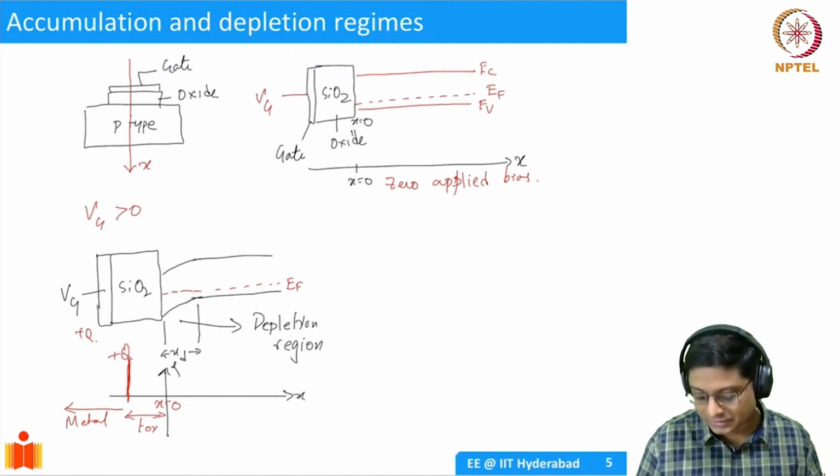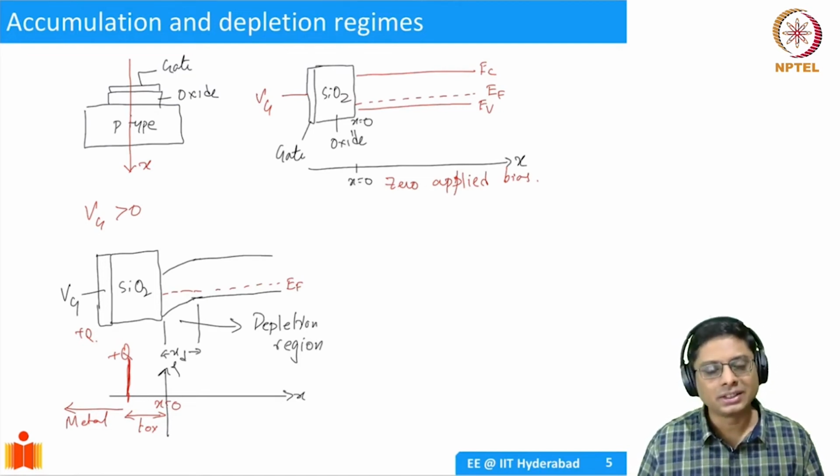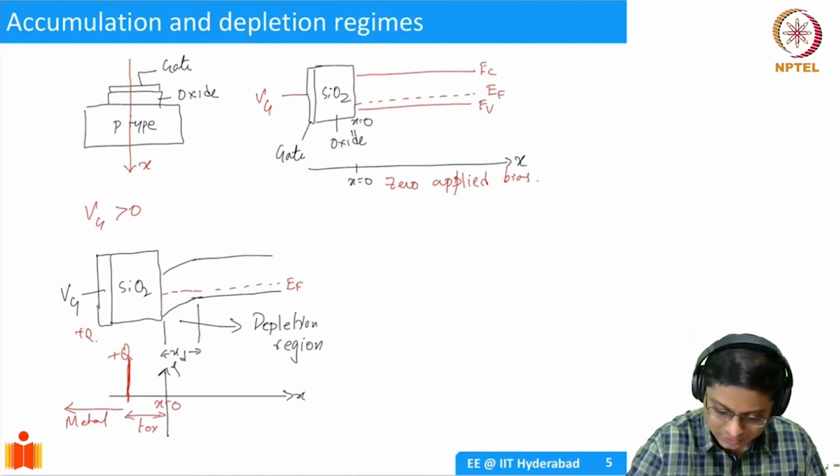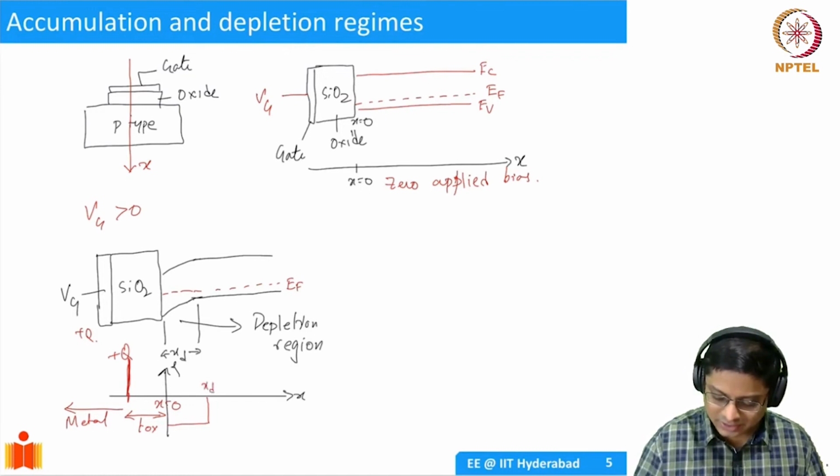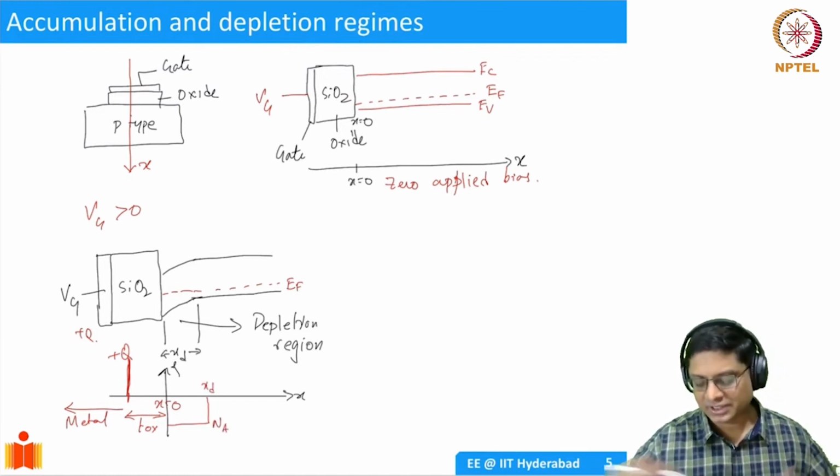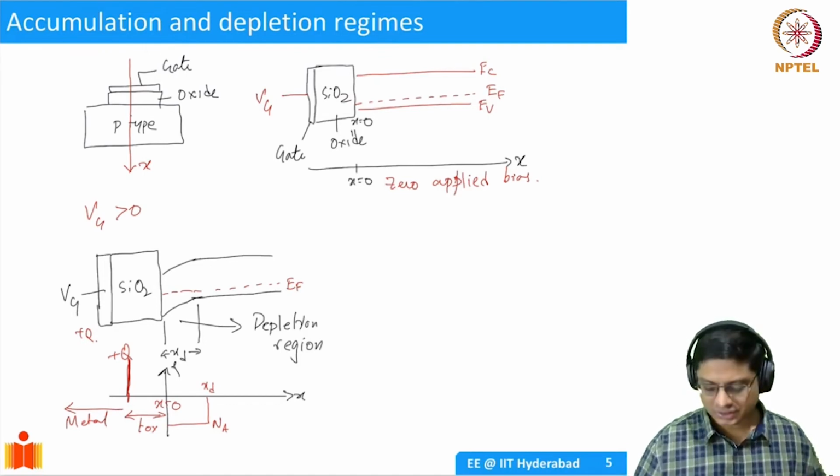Okay, and what happens in the semiconductor? Semiconductor is depleted, but it's a space charge, right? It's going to have a uniform density here. So this is my depletion width. And this will be my NA, right? The doping density times the XD will give you the total charge.